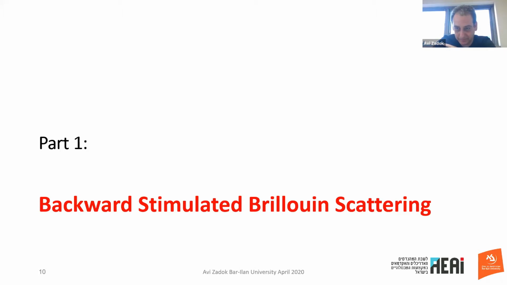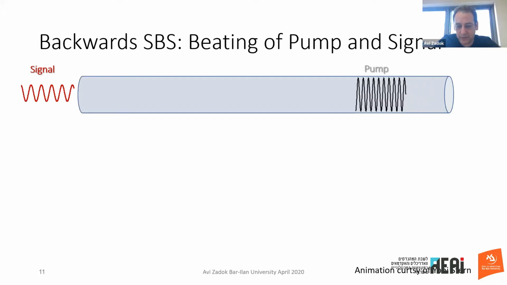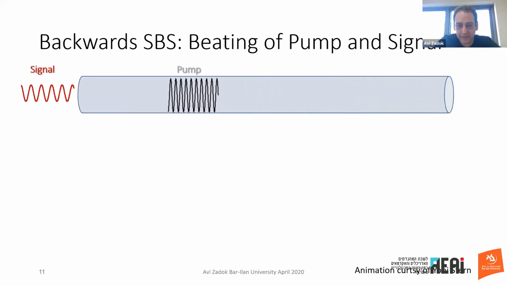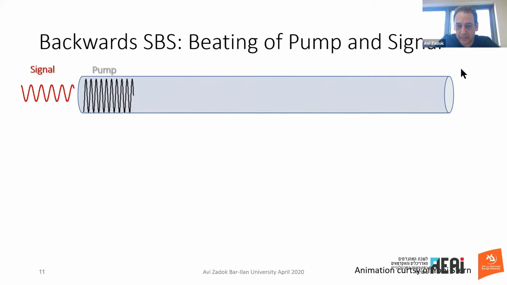So let me try to illustrate this. In this effect, we send two optical waves along the same fiber. The first of them is called a pump, and that pump wave is propagating in one direction along the fiber, as I just illustrated.